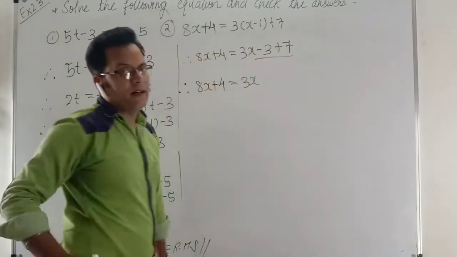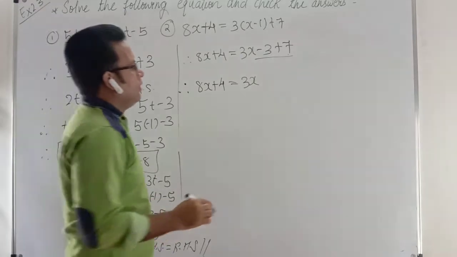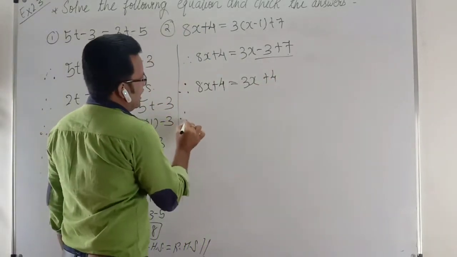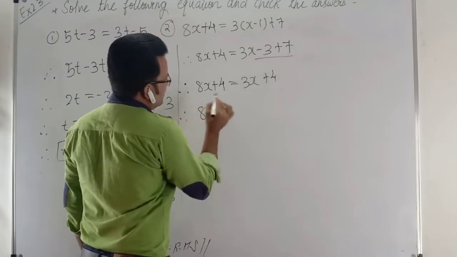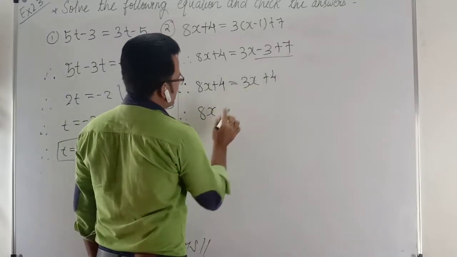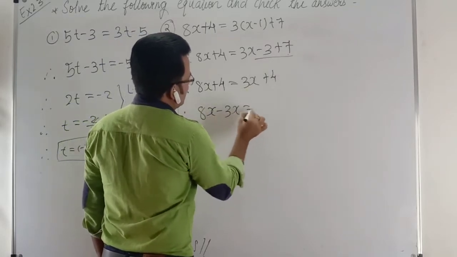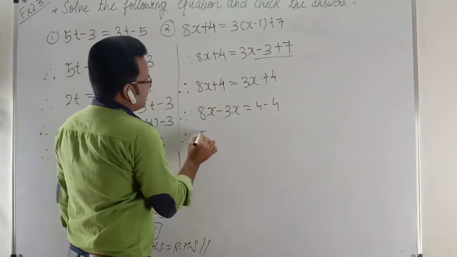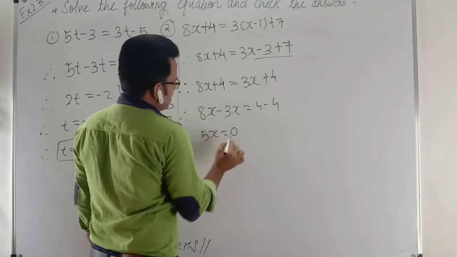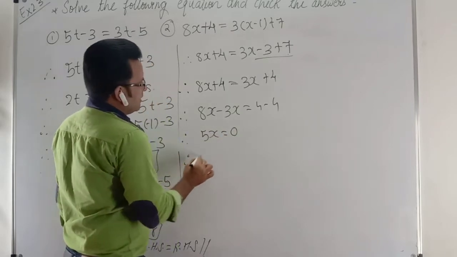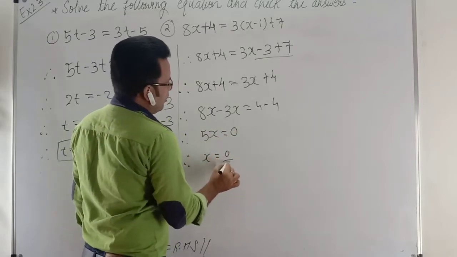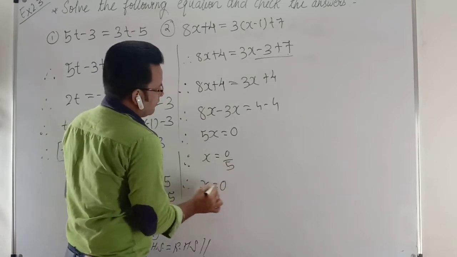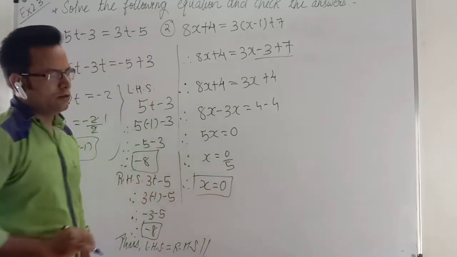Now minus plus minus, 7 minus 3 is 4, but the sign of the bigger number. Now taking the variables, 8x plus 3x becomes minus 3x is equal to 4 minus 4. Therefore 5x is equal to 0. Therefore x is equal to 0 upon 5, and therefore x is equal to 0.